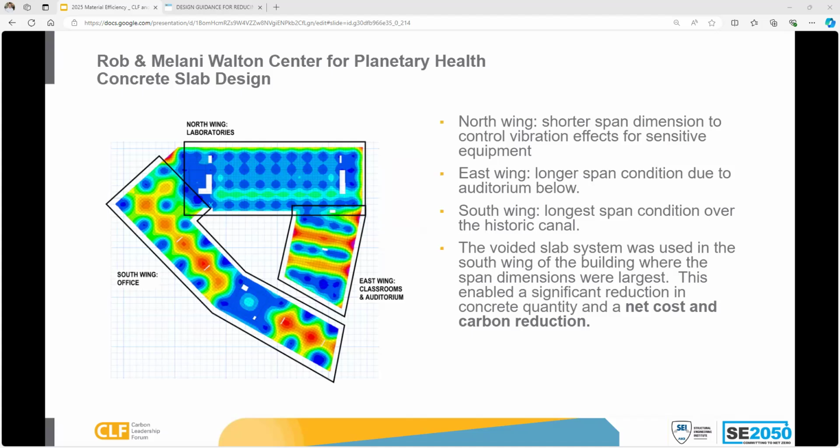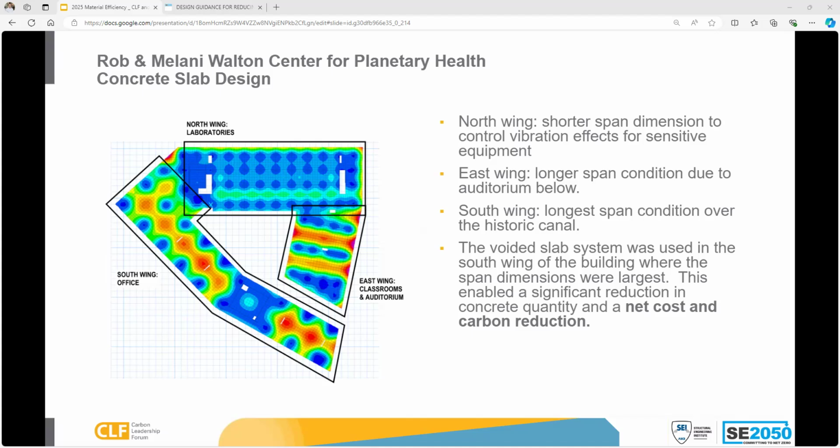The reason I included this slide is to illustrate that each wing of the building had different span conditions and performed differently. The north wing was a shorter span dimension. That's where all the vibration sensitive equipment was expected to be in this building. We presented a comparison of flat slab versus voided slab for each wing of the building.